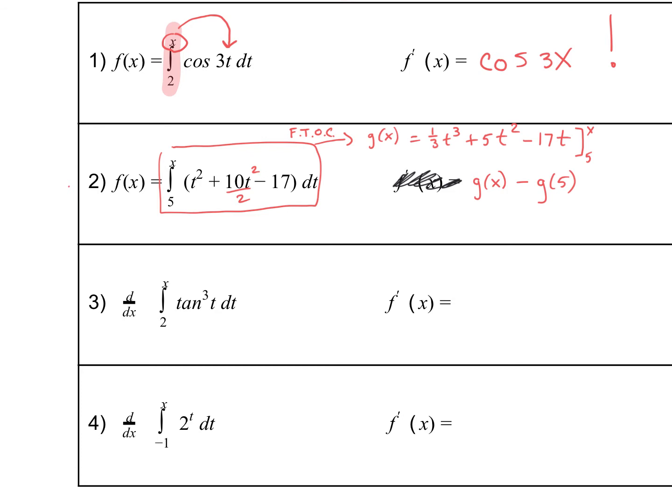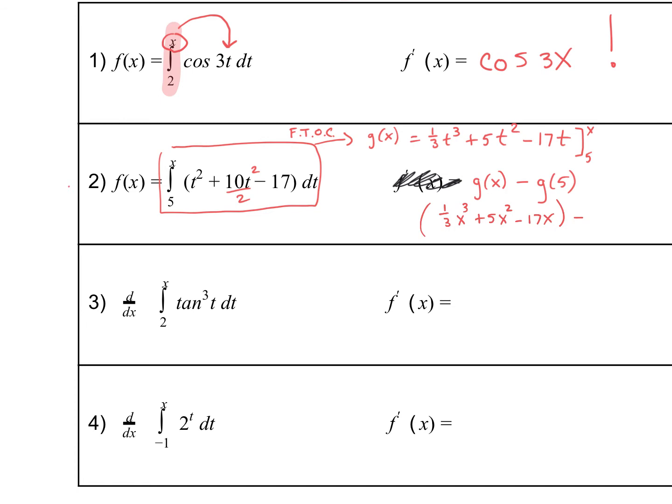So this tells me to take my antiderivative, and everywhere I see t, I plug in x. So it's going to look like this: 1/3 x to the third plus 5x squared minus 17x.